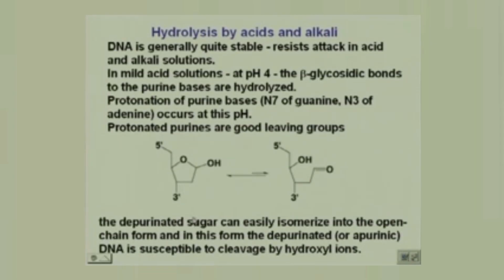This occurs under mild acidic conditions where there is a protonation of the purine, which is lost, and this sugar on the left hand side, which is depurinated, isomerizes to an open chain form. So, what have you done in mild acidic conditions? You have not only depurinated your DNA, you have also opened up the sugar, right. So, that could basically be a problem.